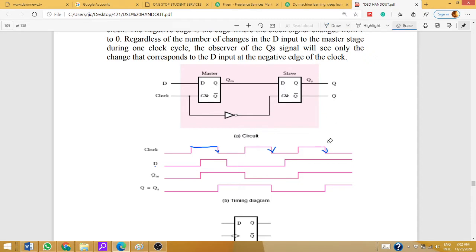Whenever the high level of the clock is here, whatever is on D will pass to Q. Whatever is on D will become QM.